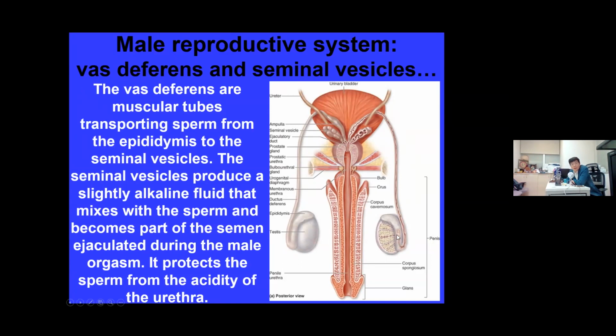Then the sperm will be stored here, never come out, and the sperm will die, and our human body can absorb it. And the seminal vesicle will produce alkaline fluid. Alkaline fluid can neutralize the acidic condition in the vagina. So it can protect the sperm, avoiding the acidity of the urethra and the vagina.